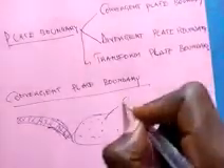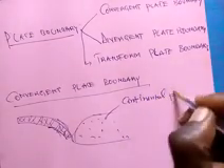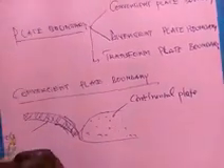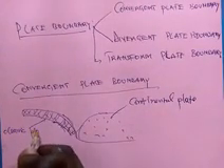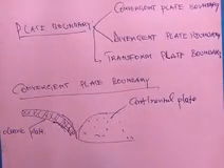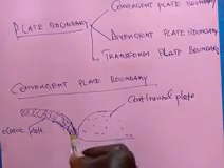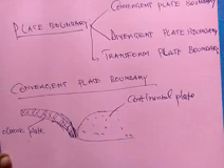This is the continental plate. Here we have the oceanic plate. When they are meeting together, because the oceanic plate is much heavier than the continental plate, it will be subducted beneath the continental plate.